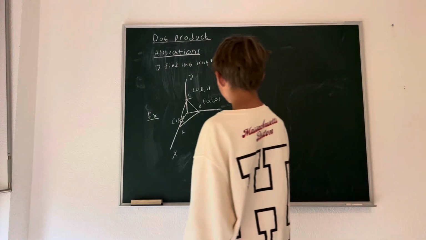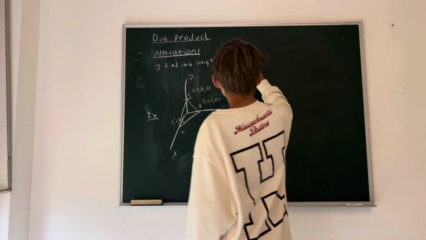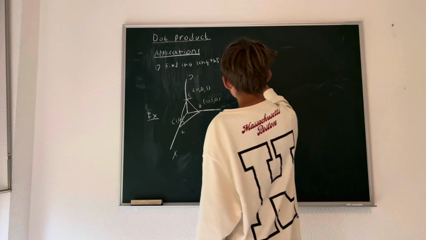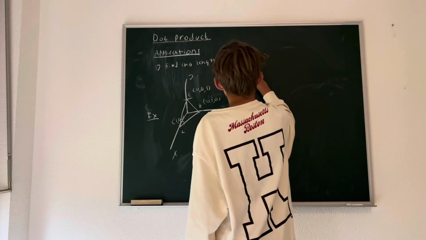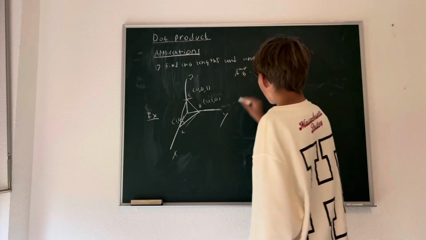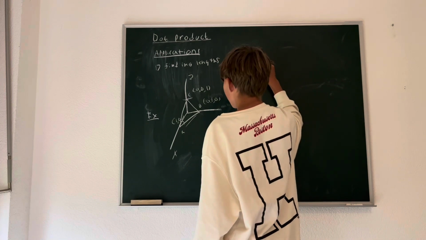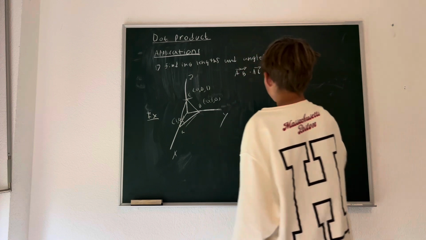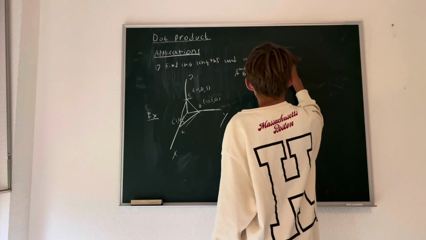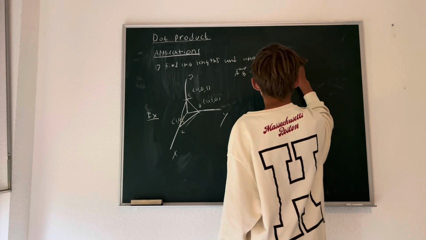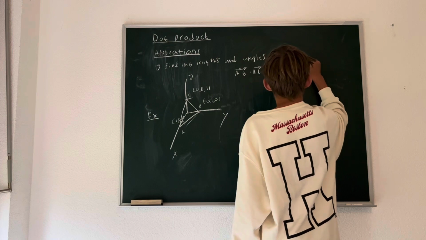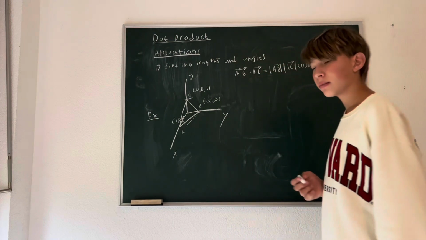First, we can figure out the dot product of the vector AB dotted with the vector AC, and this of course equals the length of the vector AB times the length of vector AC multiplied by the cosine of theta.